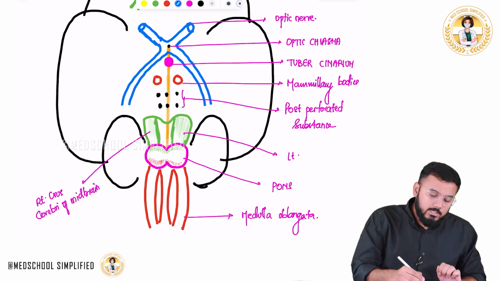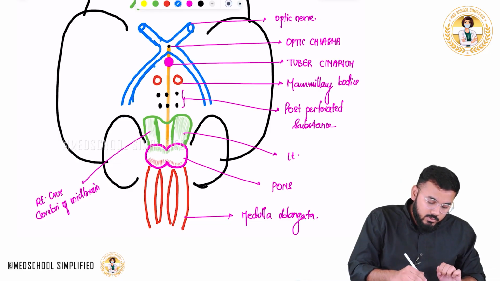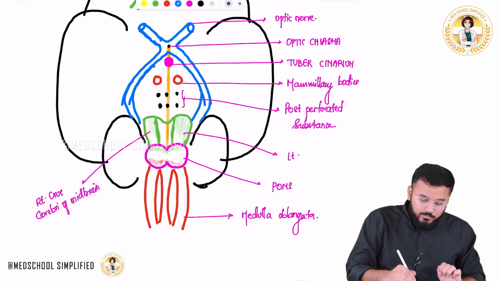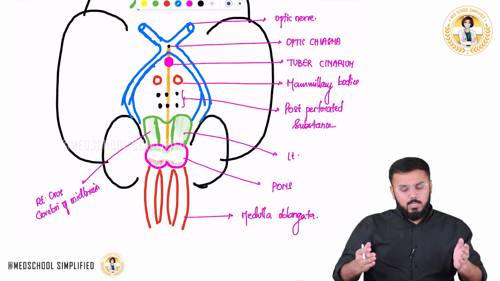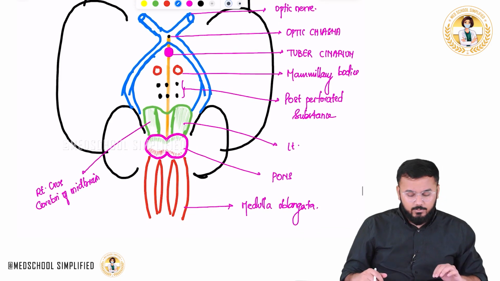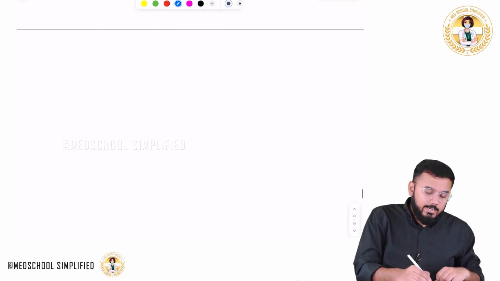Now what we shall do is write down the things which we have spoken over here. What are the parts of the interpeduncular fossa? What are the structures that are located lateral as well as medial? Okay, so let us write it down.